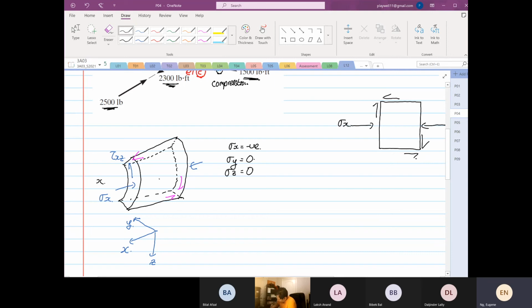So this is the direction of our stress Y, and this is the direction of our stress Z. Then we also know that we have a shear XY, or XZ, intersecting plane, equal to shear ZX.